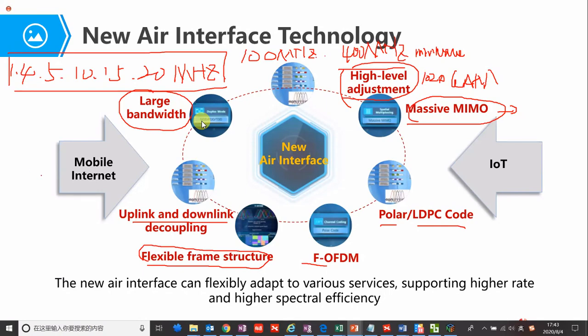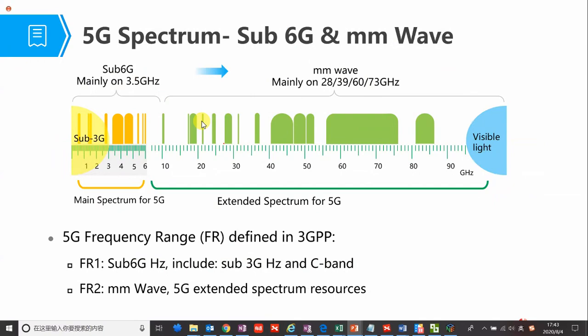Let's start the first one. Large bandwidth. We can see here the 5G frequency band has two frequency ranges. One is frequency range 1 and frequency range 2. The popular bandwidth is 3.5 GHz, used widely in the world.